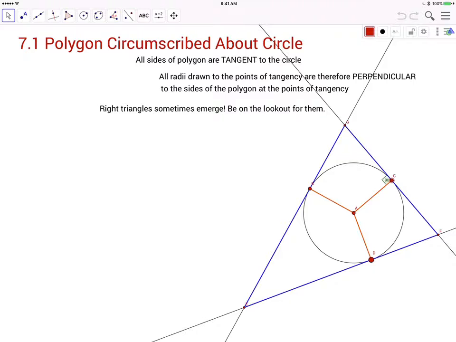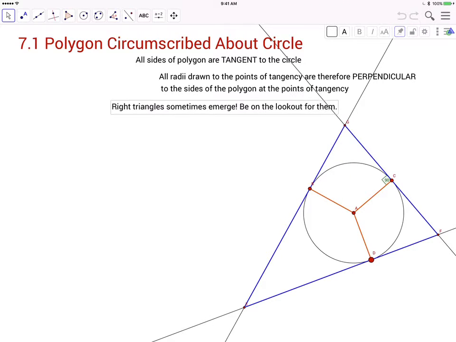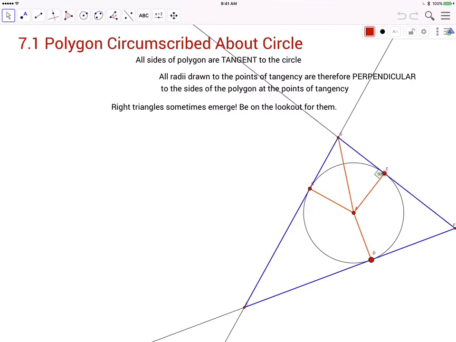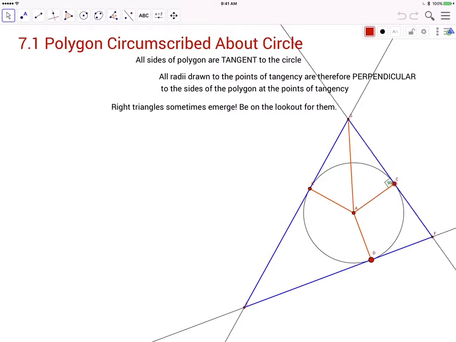And so again, here I've said sometimes right triangles emerge, and we should look out for them. There is one here that we can even take a look at, G to A, and so we have a right triangle over there, and that's nicely preserved no matter what happens. All right, so there's some questions coming up later on about what happens with those right triangles.